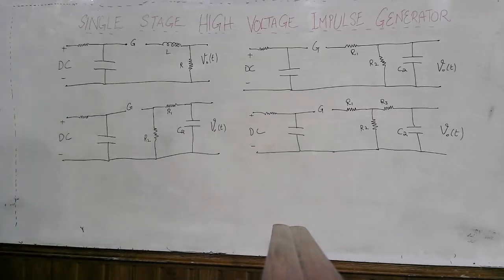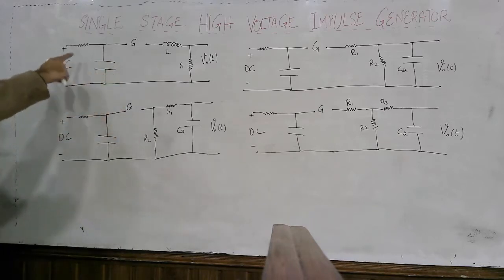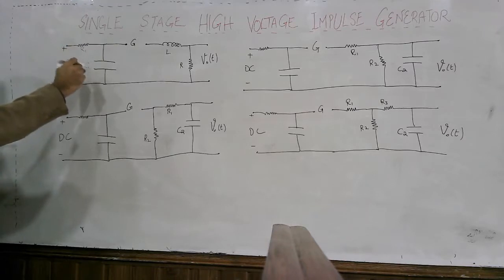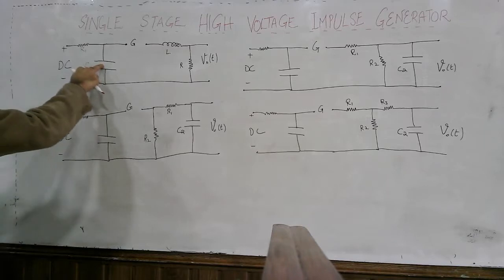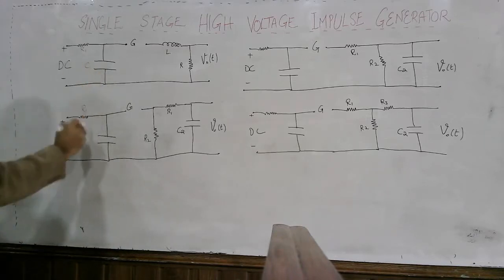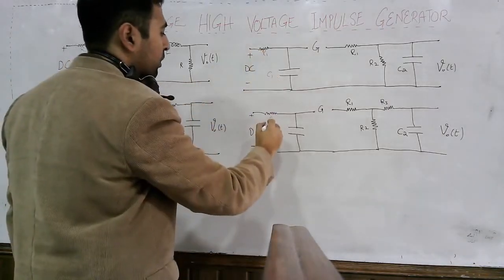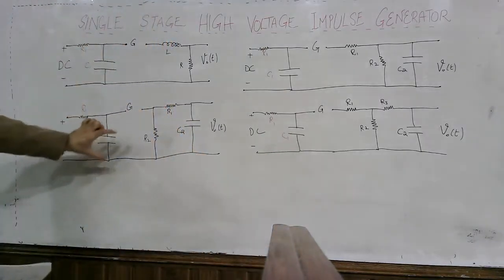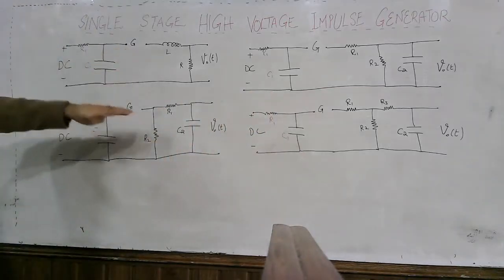You can see here they are the modified circuits, and this is R1 and C1. This is the damping resistance, and this is the generating capacitor. Similarly, this is also known as the current limiting resistance. R1 and C1 are common now. This part is common here, and here we have the spark gap.